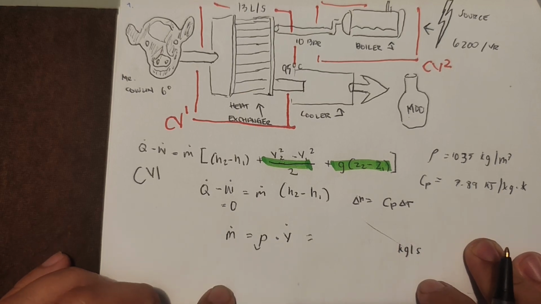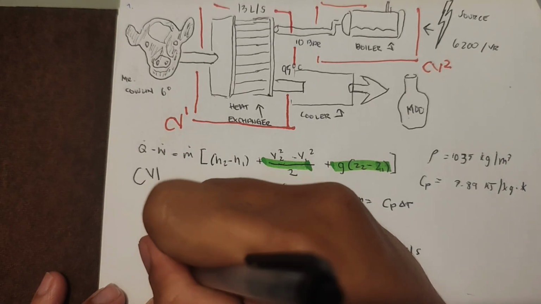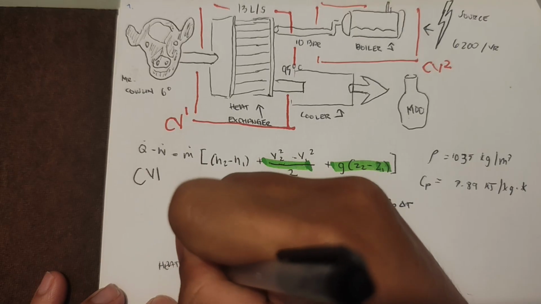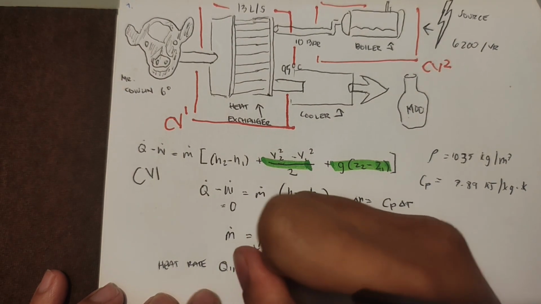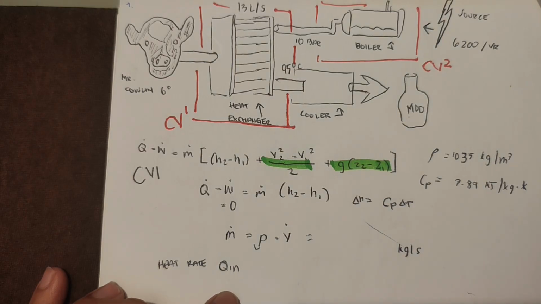Now we're gonna be getting our heat rate. So to get the heat rate or our Q in, like how much heat we've put into the system, we will be using our new formula.